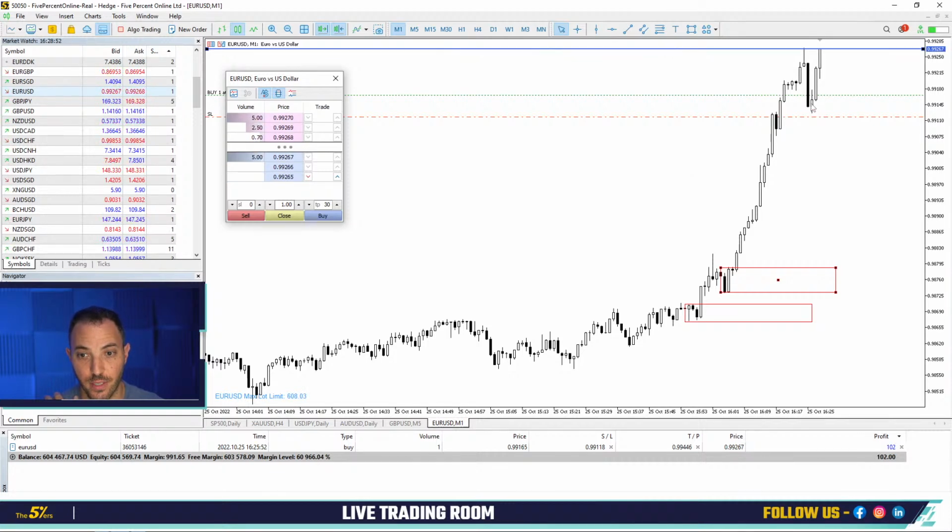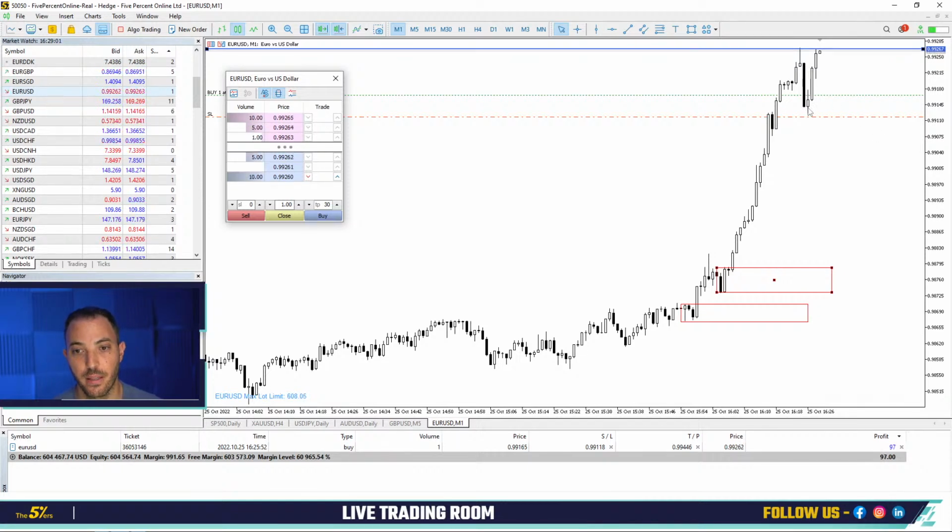Okay, in this case, for example, this pullback, if I was waiting for confirmation, I would miss the trade, because the kind of confirmation I look for is a pullback and then slow momentum on the pullback and probably some tails on the bottom, and we didn't have that. So if I wasn't fading that movement, I would be left out of the trade. Sometimes things work, sometimes things don't work.